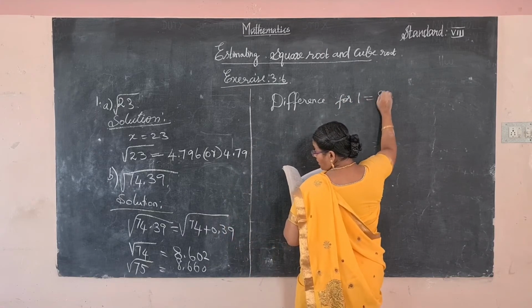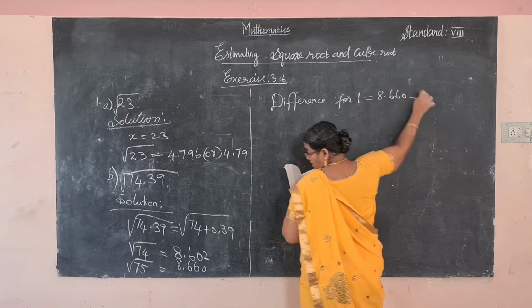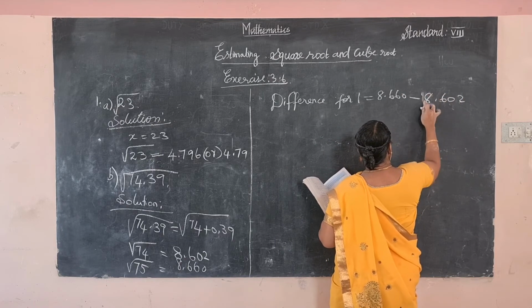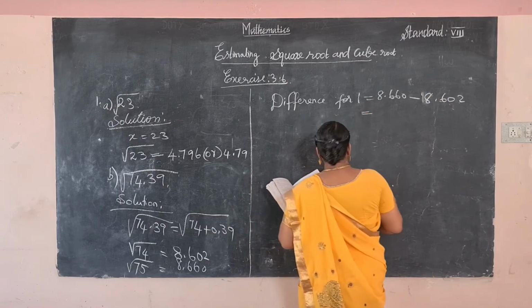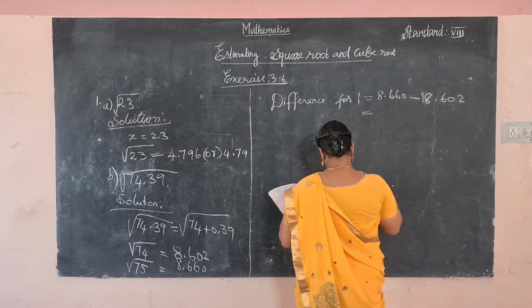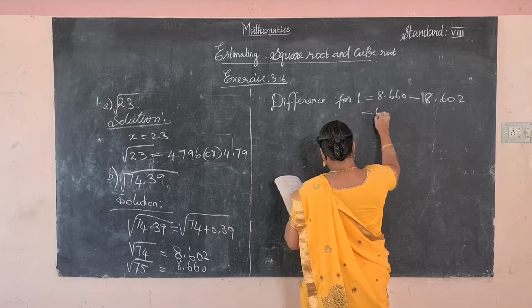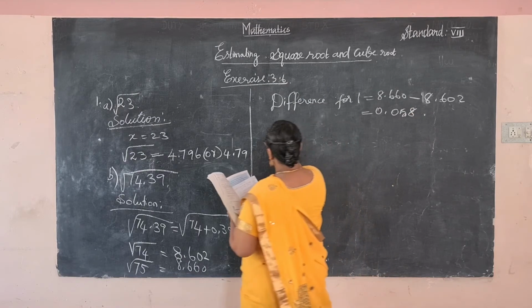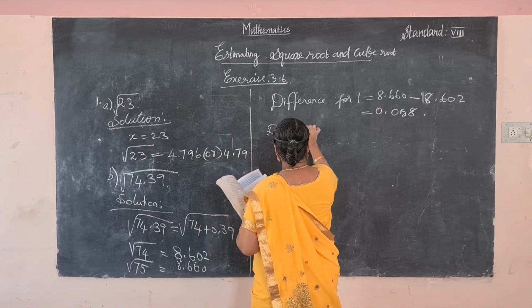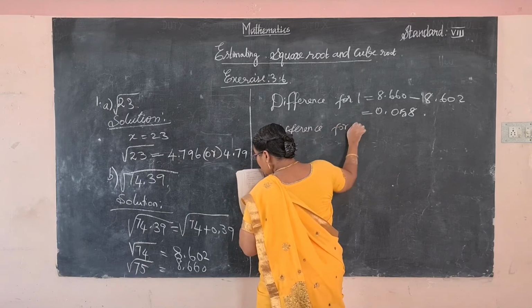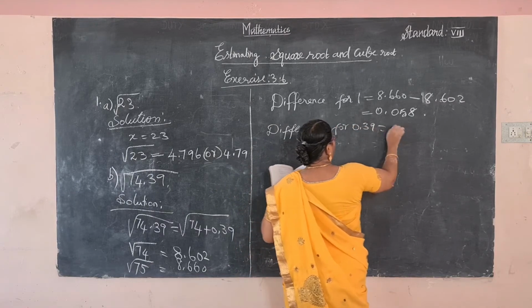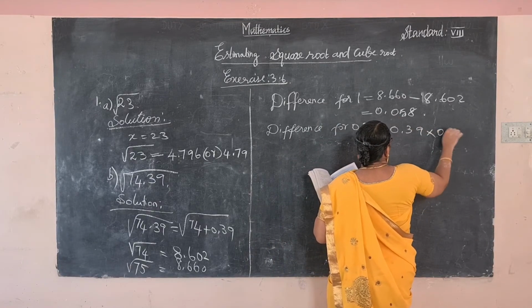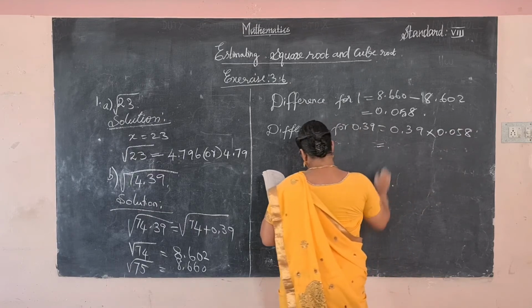The difference for 1 is equal to 8.660 minus 8.602. So subtract this, what do we get? 0.058. Okay, and next find the difference for 0.39, which is equal to 0.39 into the difference of 1. Multiply these two values.